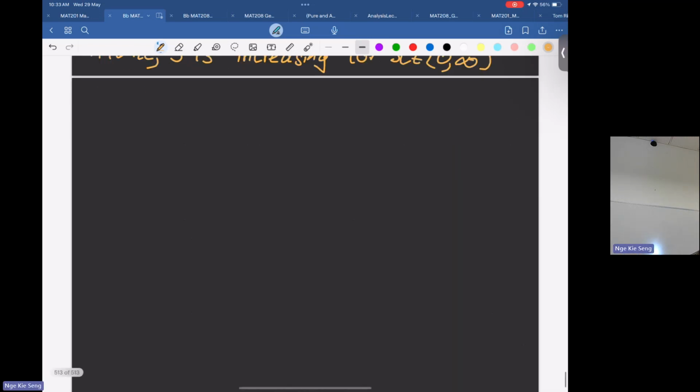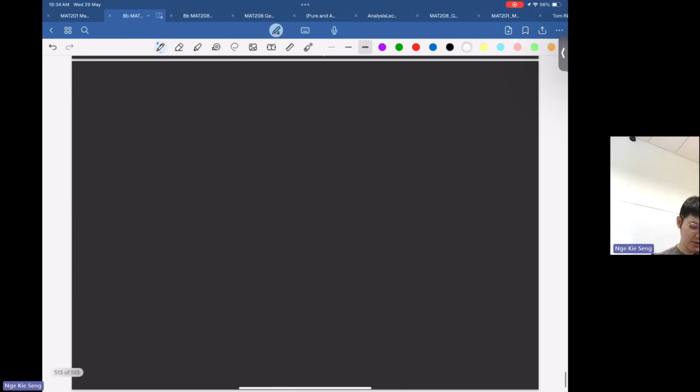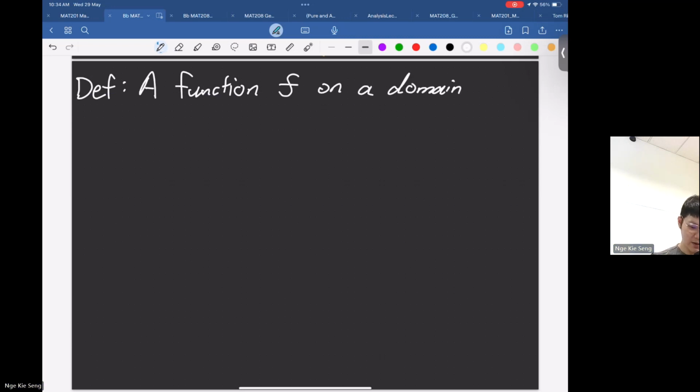So let's recall what are increasing, non-decreasing, decreasing, and non-increasing functions. What are these definitions? Given a function on the domain Df, first is increasing. What is increasing?